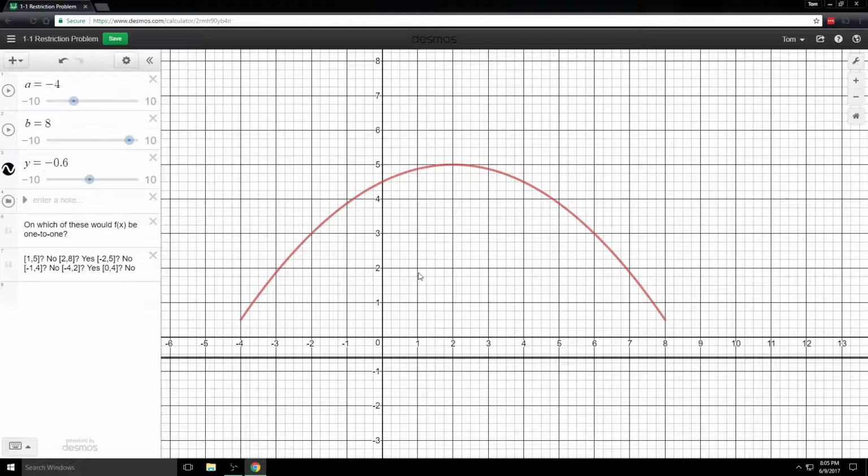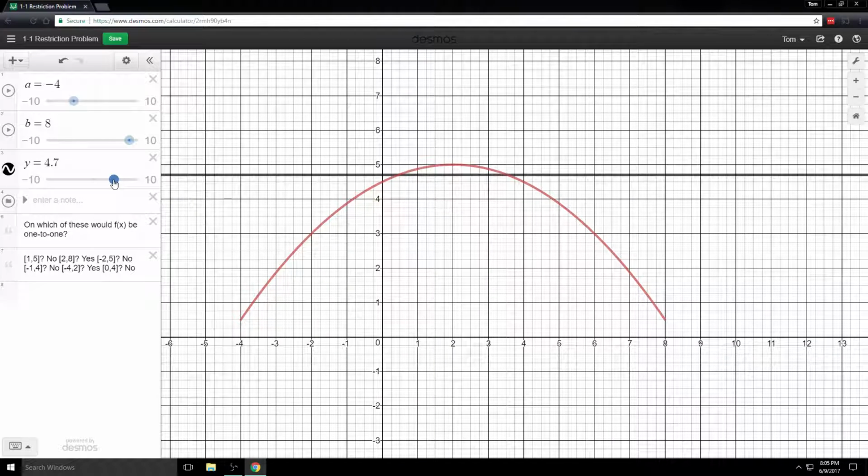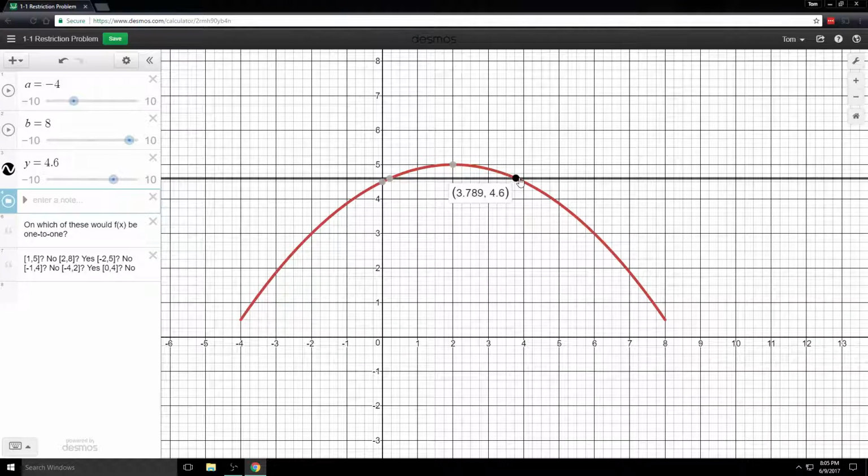So you have to kind of imagine the part of the graph, and you can kind of see after doing these examples, right? Really the key thing is this point right here, it's sort of the top of the U right there. If you have some points in the domain that are to the left and also some points that are to the right of 2, that point right there on the x-axis, well then what's going to happen is that when you look at the horizontal lines, there's going to be 2 intersection points right there.